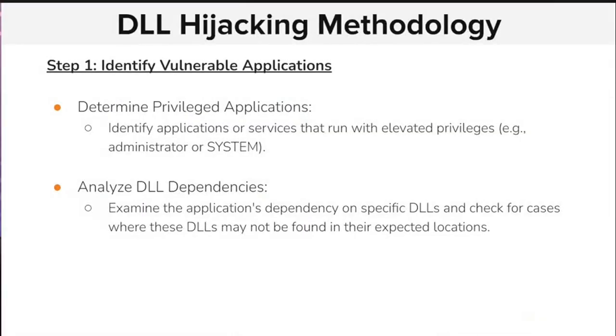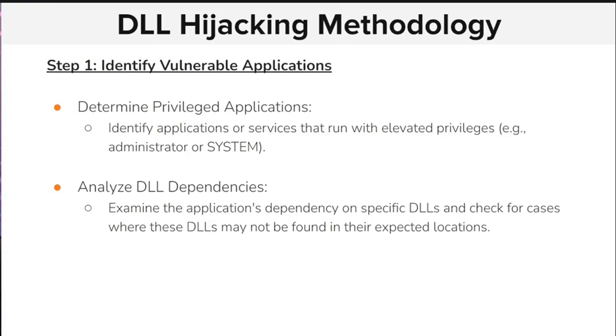So in terms of how this privilege escalation technique works and the methodology behind it, I've laid out the steps that you typically see when performing DLL hijacking for the purpose of privilege escalation. Step one is identifying vulnerable applications. What does this mean?